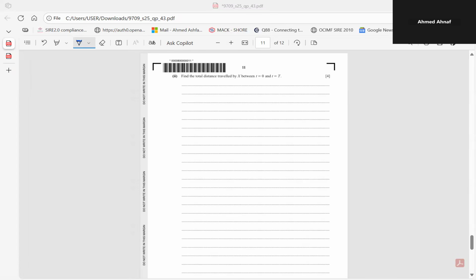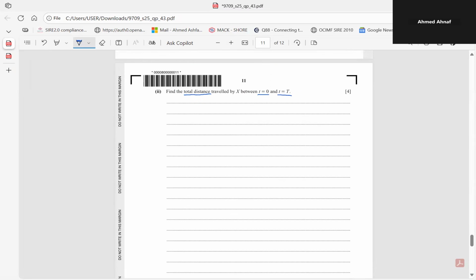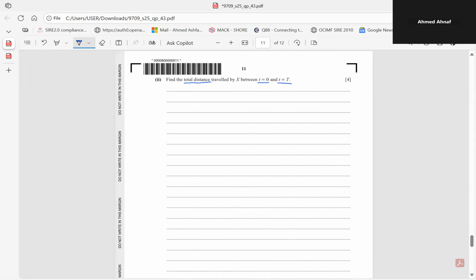Okay, so now we have to find the total distance traveled by x between t equals 0 and t equals t. To find the distance, we first have to find the expression for s in terms of t.